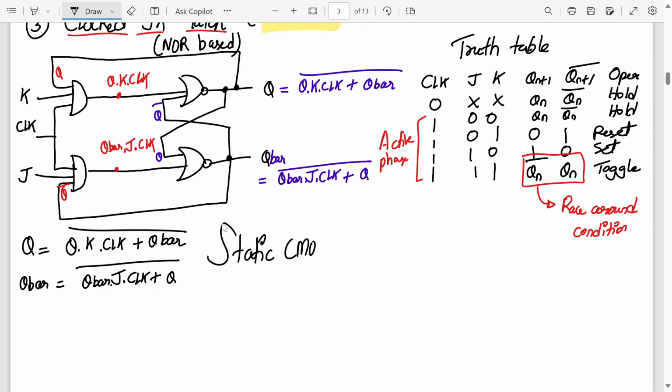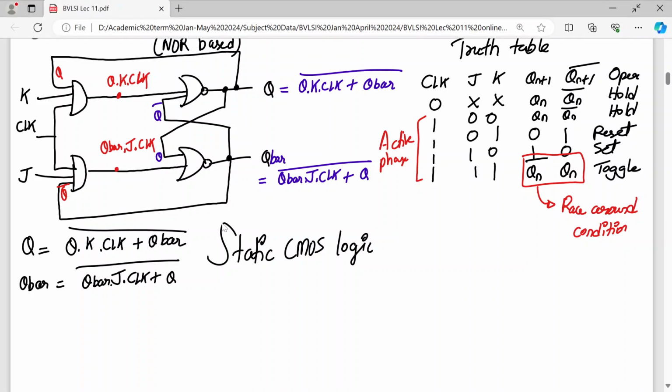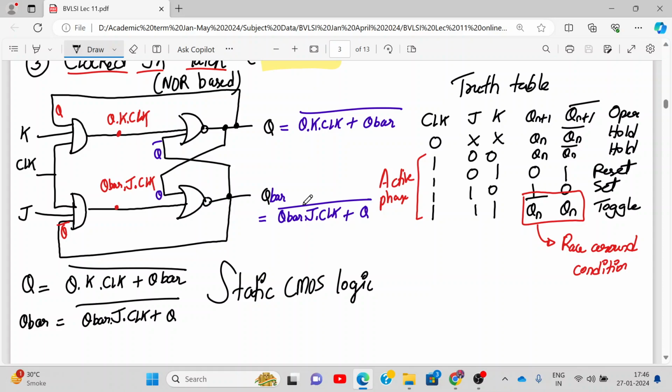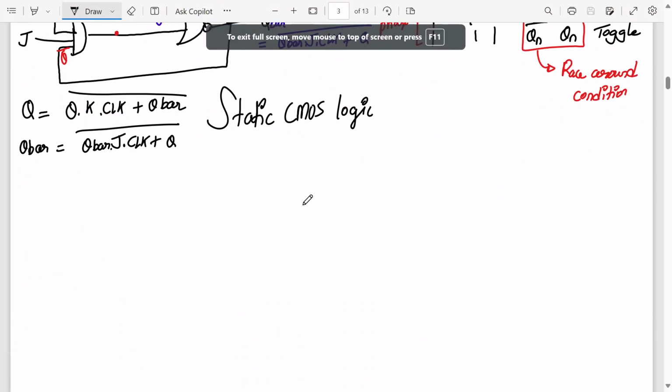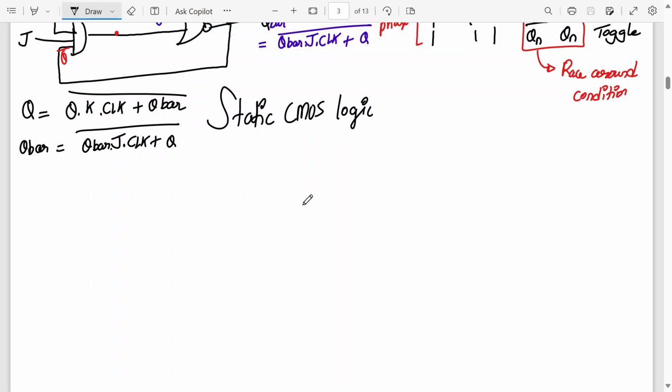Static CMOS logic. Everyone ready? You have written up till here. Please complete it up till here. Okay. Can we start with the design, everyone?